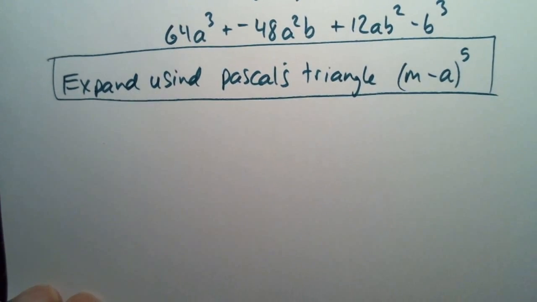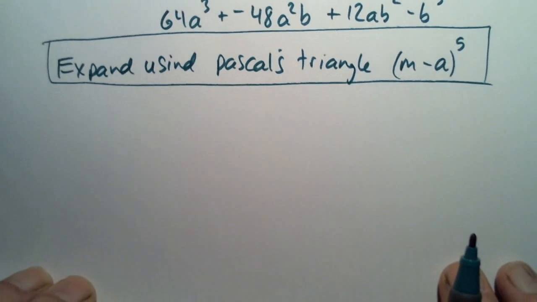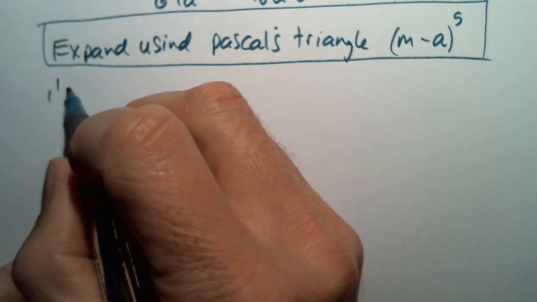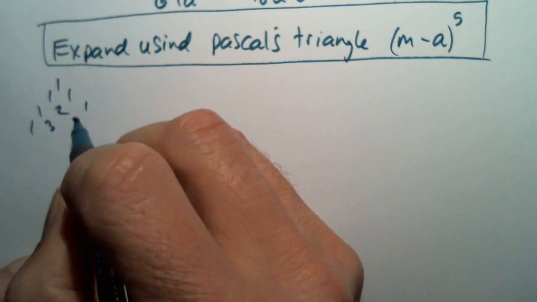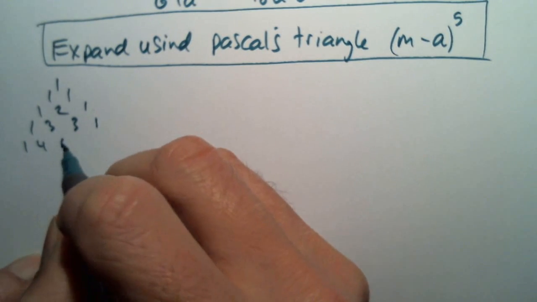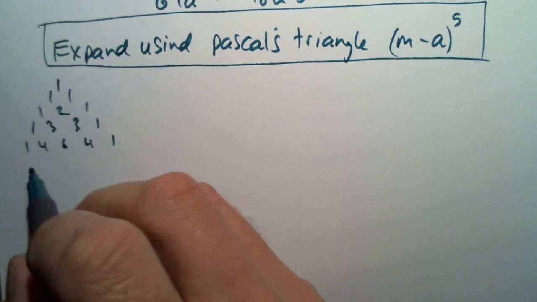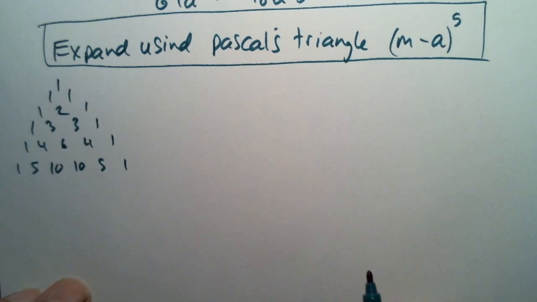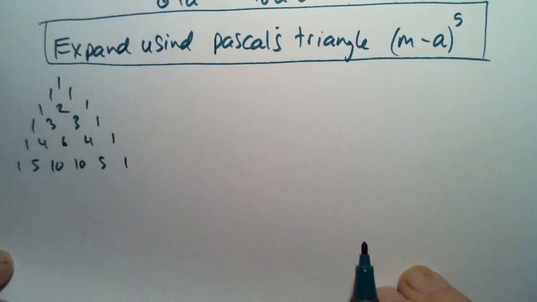Alright, pause the video and try that one. We have to go until we get to the 5, 10, 10, 5, 1. Those are the coefficients that we're going to use.